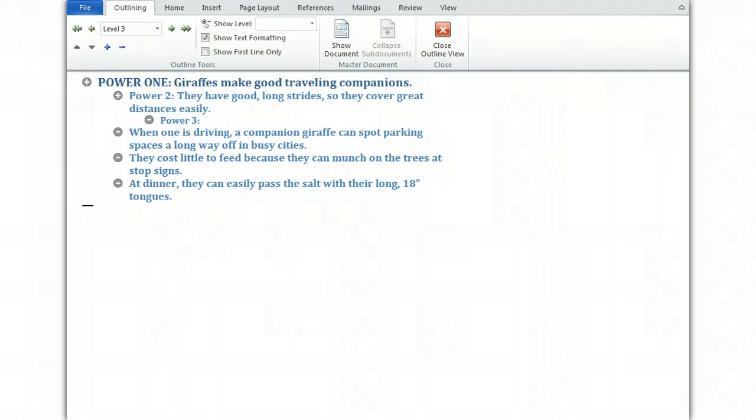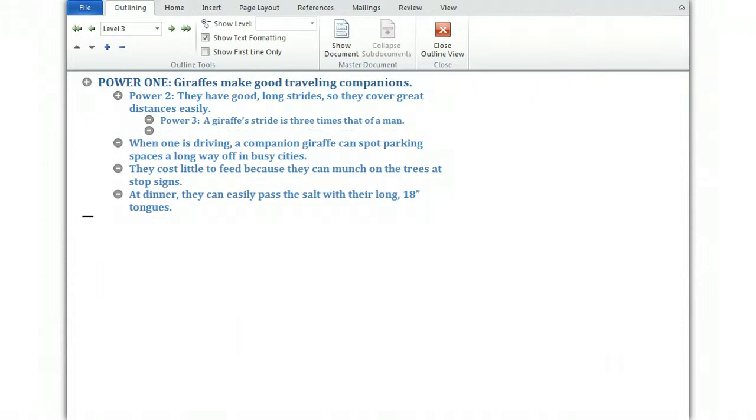So let's say I just happen to know that giraffes' stride is 3 times that of a man. That's a detail about the reason they have good long strides. It further explains, it gives them more information about those good long strides. And we might even come up with another one. And again, I'm not going to write the words Power 3.